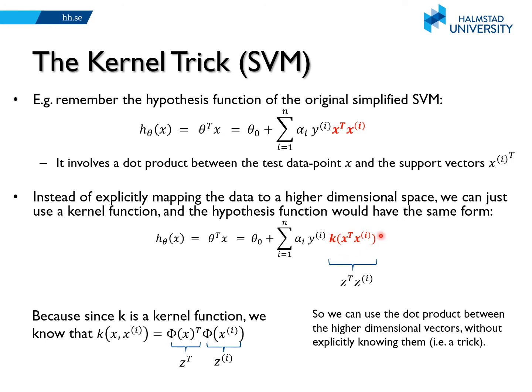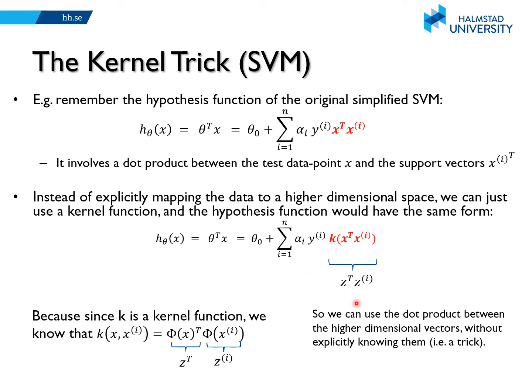And this is the same as if we mapped our data to a higher dimensional space, as we explained previously, right? But instead of explicitly mapping the data to a higher dimensional space, we can just use a kernel function, like for example, a Gaussian kernel function, and the hypothesis function will have the same form as what we saw previously. So nothing really changes. We just use a kernel function here.